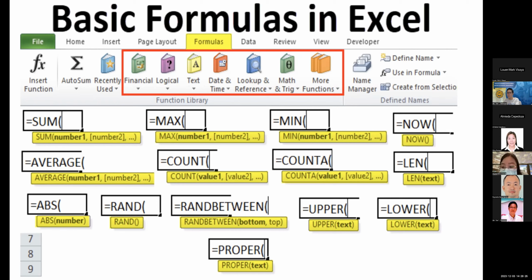You can also use now if we want to identify the current date and time. Count if we want to count the number of records in a single column table, and so on and so forth. So next slide, please.